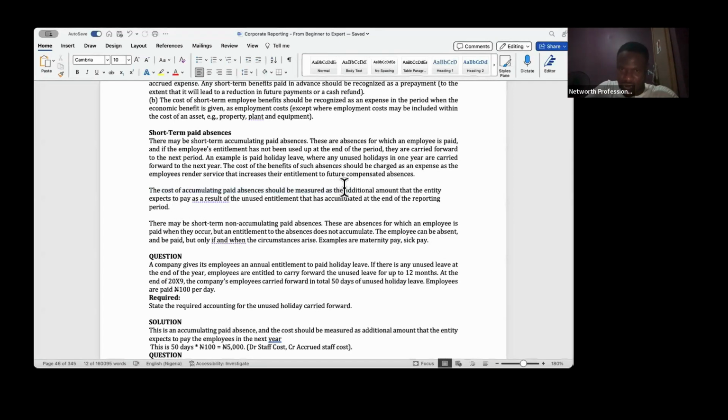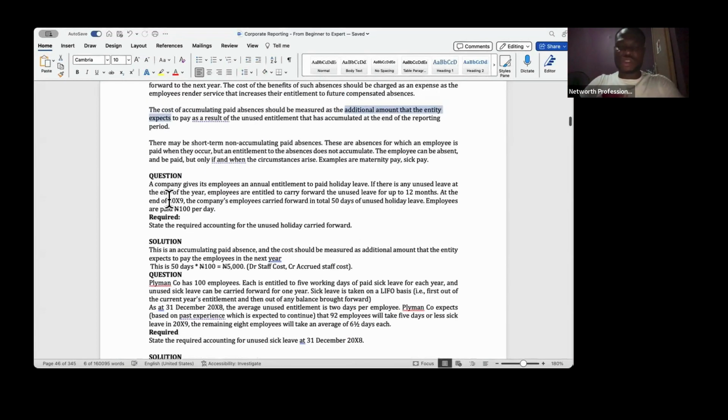The keyword is the additional amount the entity expects to pay. So it's acknowledging the fact that they might give you an estimate of the people that will actually take their leave next year, and that is what we are going to rely on.